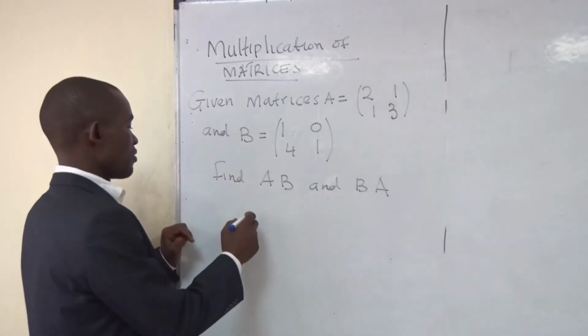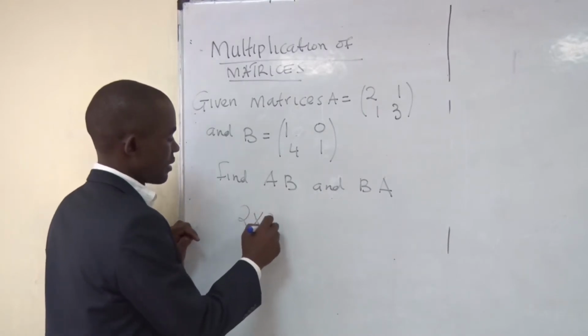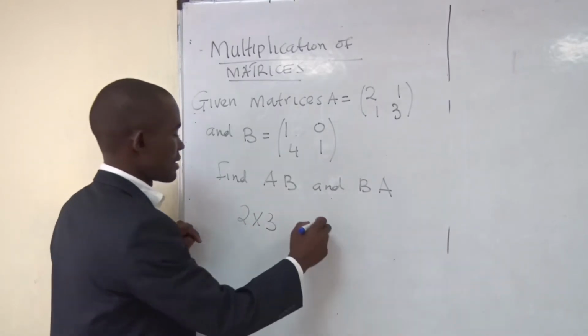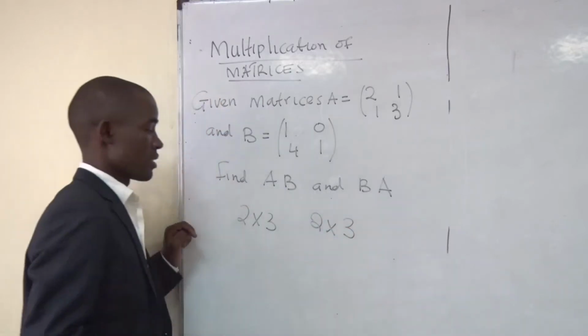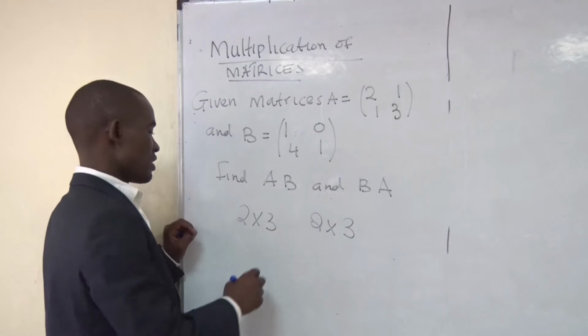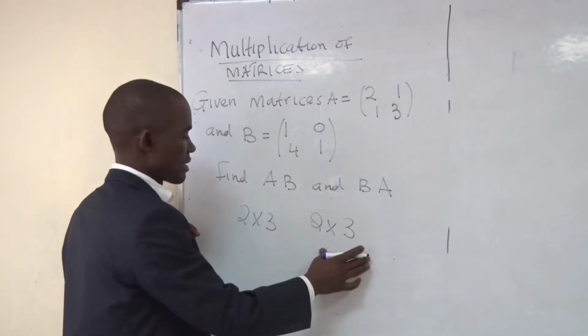For instance, if your first matrix is 2 by 3 and the other matrix is a 2 by 3 matrix, what happens is you look at this, the first matrix and the second one.